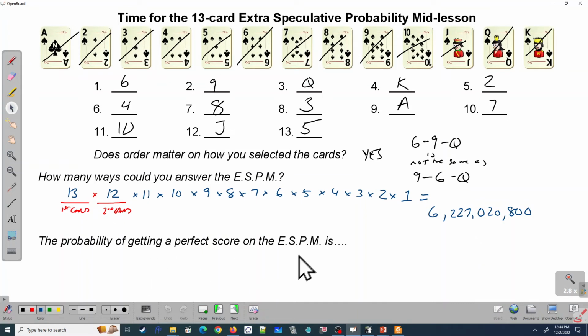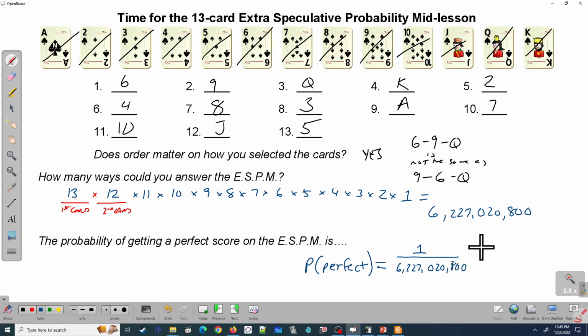And if I was trying to be perfect, the probability of perfect is there is only one way that I could have literally had all those work out. It could have been 1 times 1 times 1 times 1 times 1. I'm not going to write all that out, but I am going to write it as 1 over 6,227,020,800.